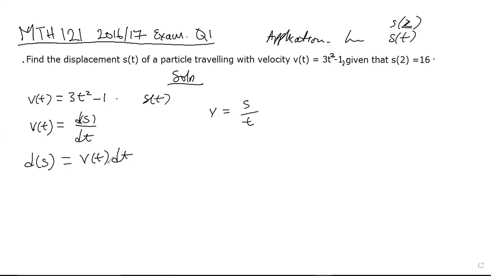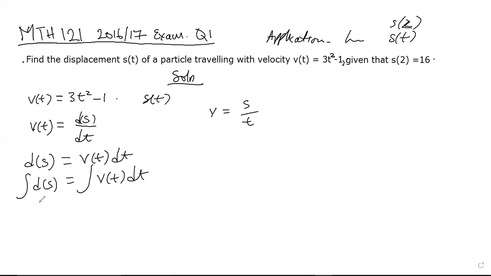From here, for us to find s of t, we have to remove this derivative, which means we are doing integration. We integrate both sides. So that's the integral of ds equals the integral of v of t dt.